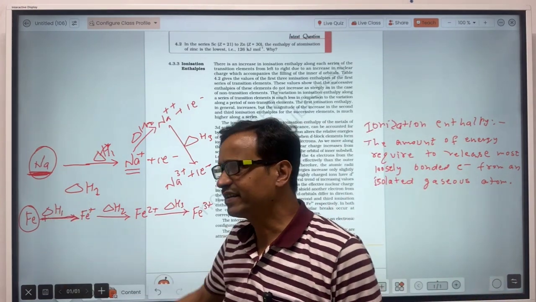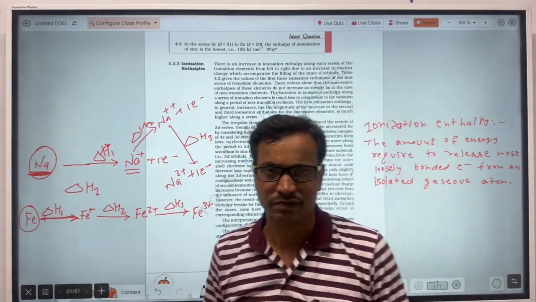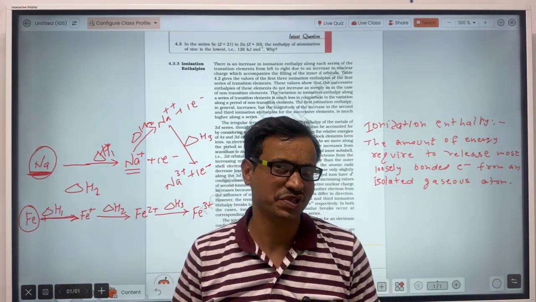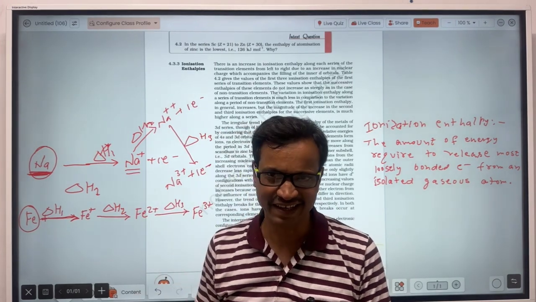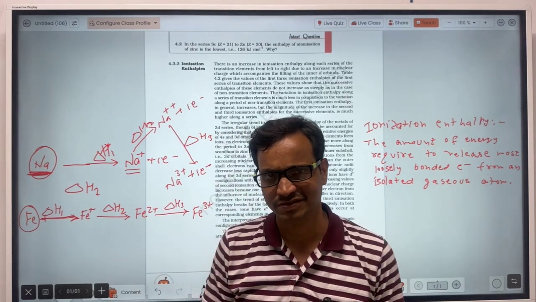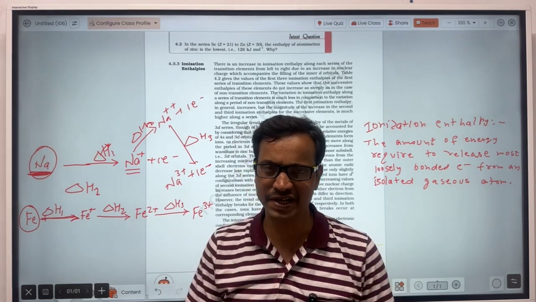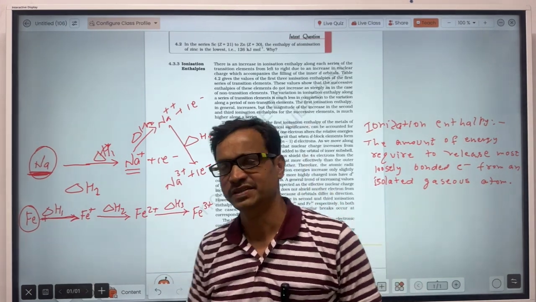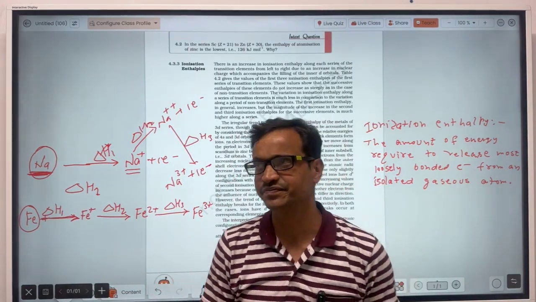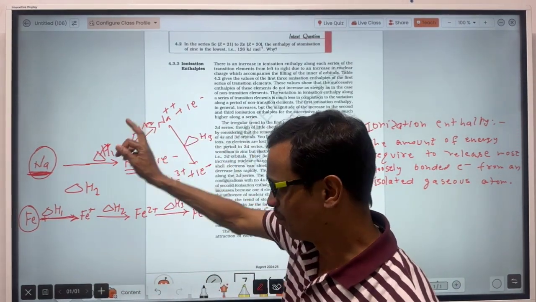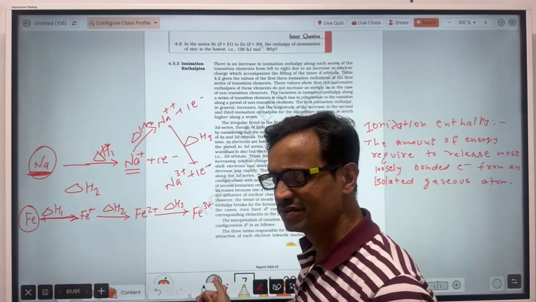Because by providing ΔH1 energy, the most loosely bonded electron gets released. After that, the other electron bonded to Fe plus becomes more tightly bonded with the nucleus, and hence you have to provide more energy to release this electron.